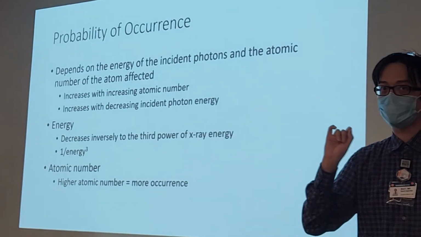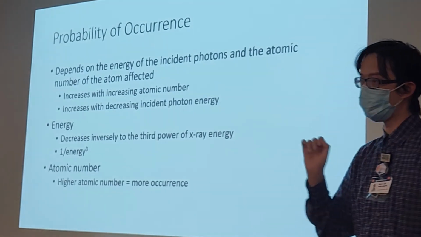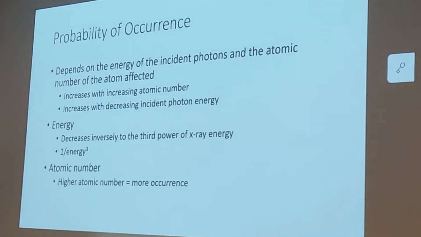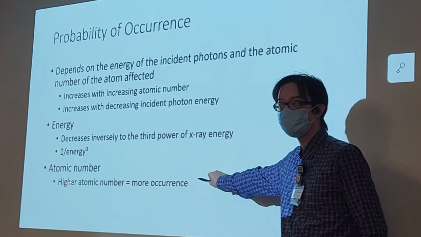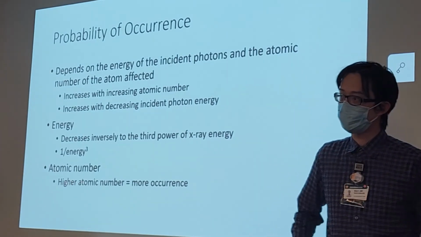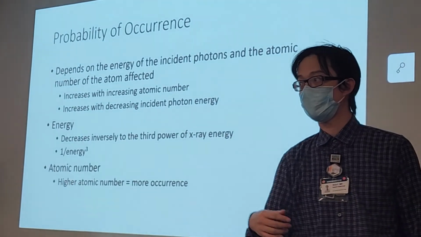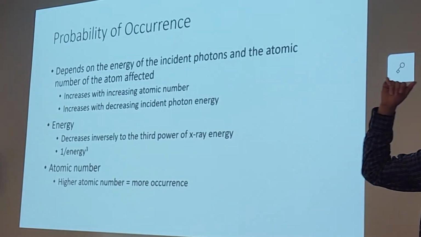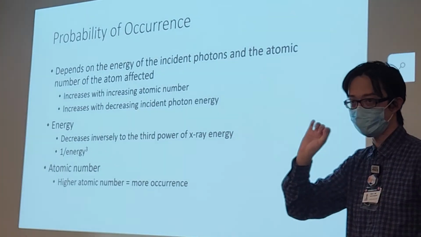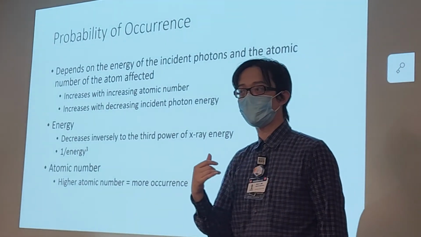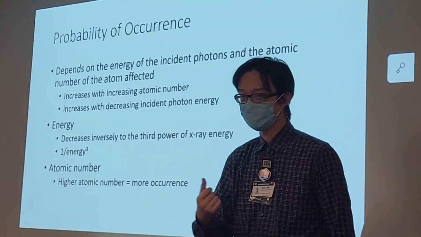So we just said bone is an example of something radio opaque, right? Bone has a higher atomic number. As atomic number increases, we have more absorption, more X-rays stop inside the tissues, and so the area looks more white.